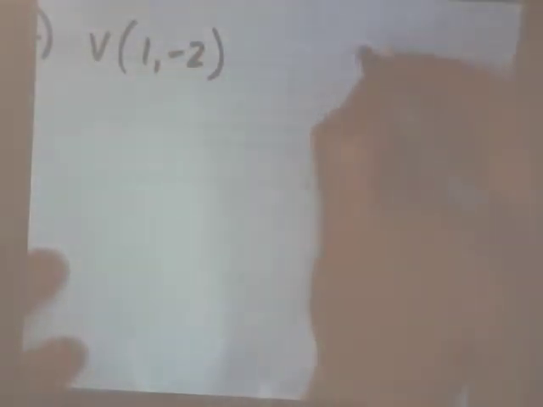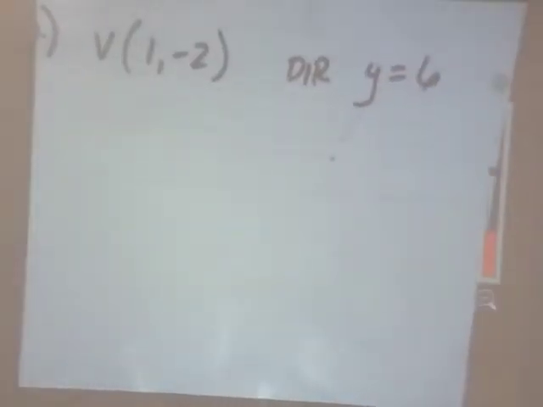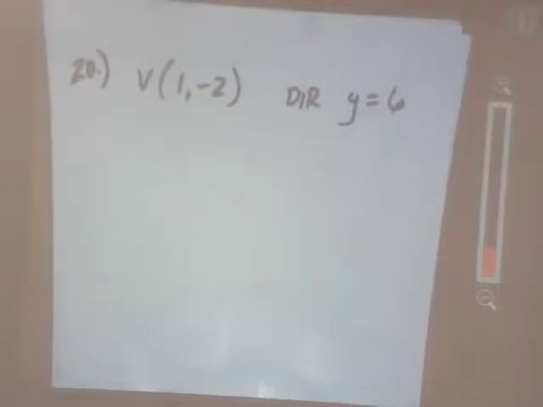We've got vertex at 1, negative 2, and we've got a directrix at y equals 6. Okay, what should we do? Sketch it out, right?